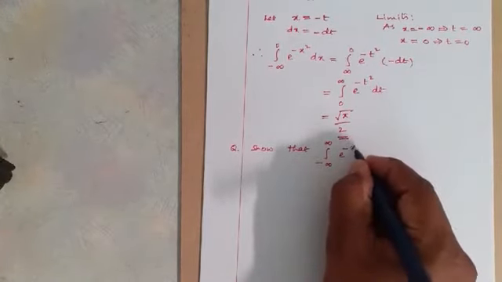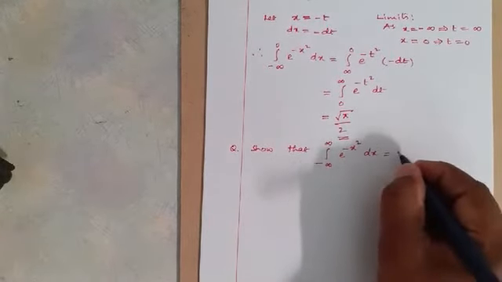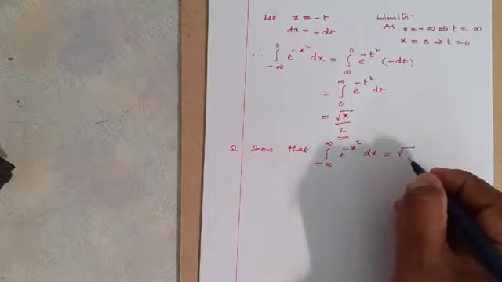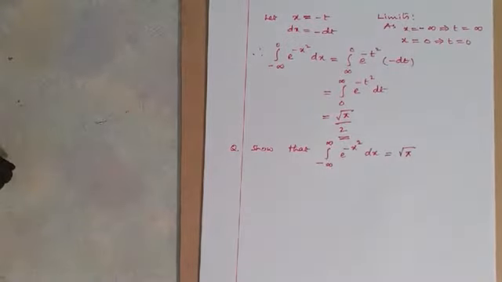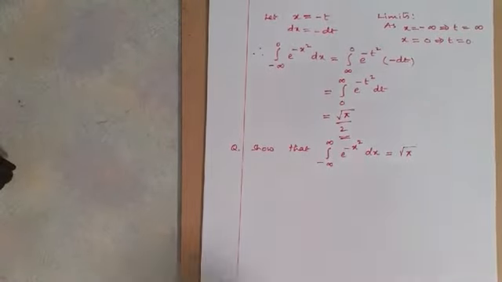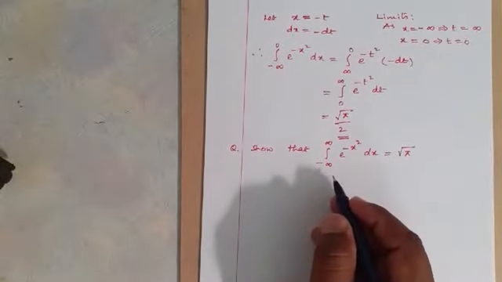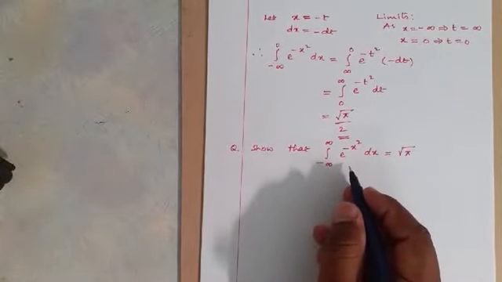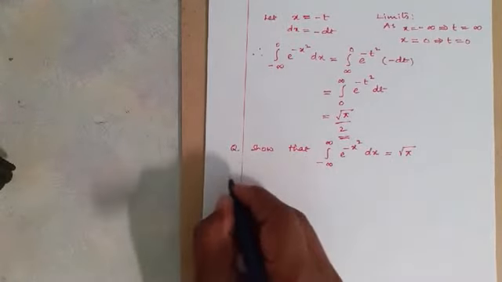If you know the properties and definitions and different forms of beta and gamma, then easily you can do it. So practice is needed here. Now the next problem is the integral from minus infinity to infinity of e power minus x square dx is equal to root pi. Now let us do this one.